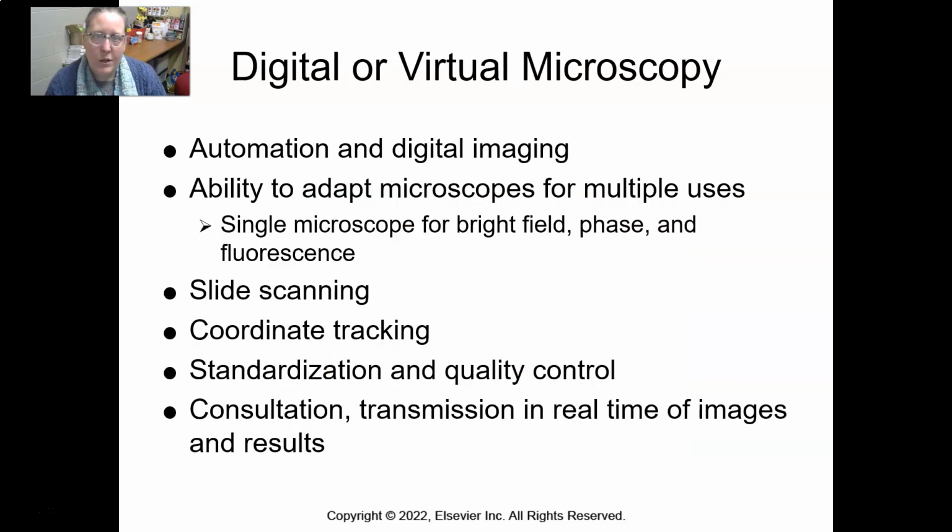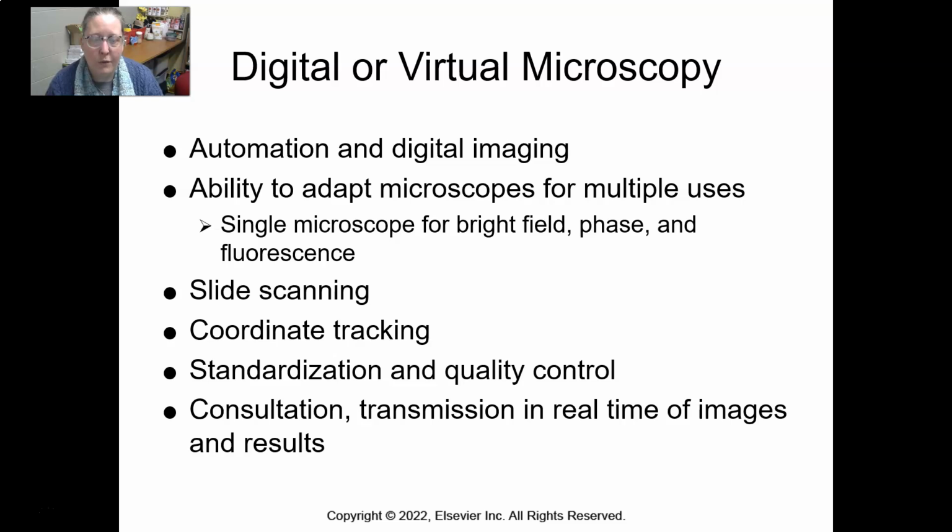And then lastly, we're going to talk a little bit about digital or virtual microscopy. It is automation and digital imaging combined, and you can combine that with some automated staining also. The microscopes, or however it's built into the system, will take pictures of all the fields and record them, and it's really nice because then you have a digital record of the images from the microscope, and you have the ability to adapt these digital microscopes for multiple uses.